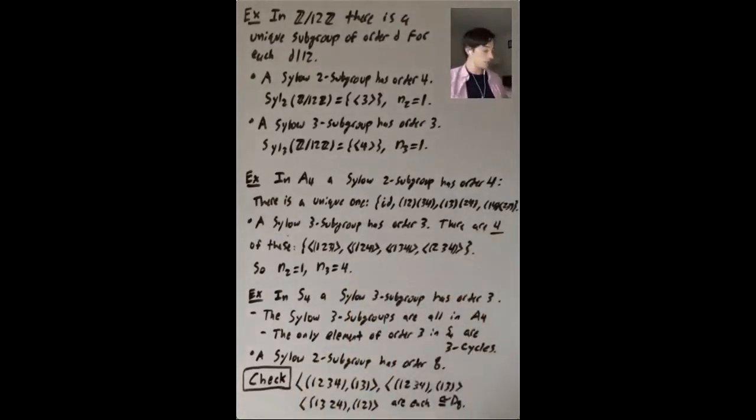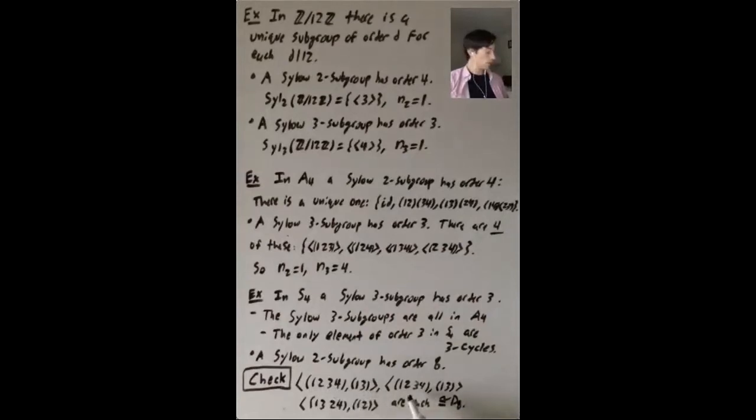A Sylow 2-subgroup in S4 has size equal to the highest power of 2 dividing the order of S4, 24. So that's 8. You can check that the subgroups I've written down here are subgroups of S4 of order 8. We have the subgroup generated by the 4-cycle (1 2 3 4) and the transposition (1 3).